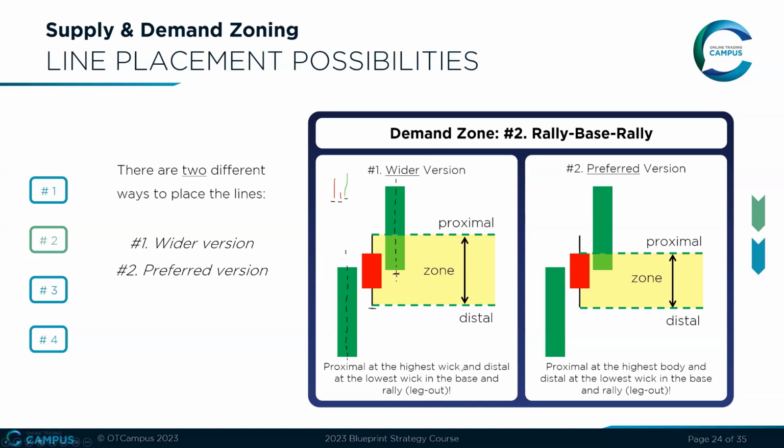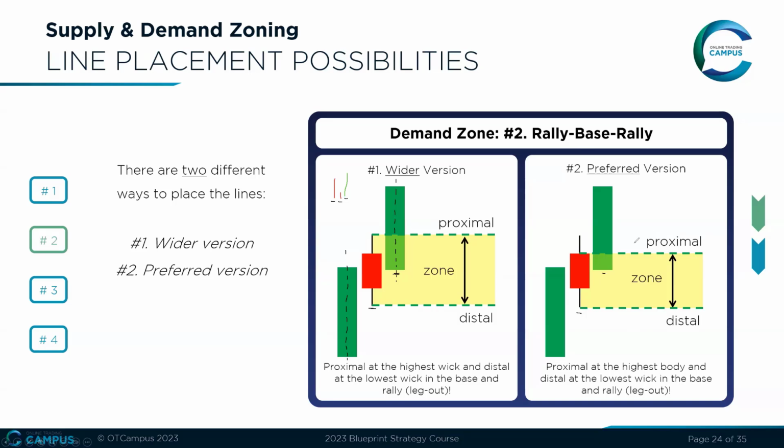So the proximal at the highest wick and the distal at the lowest wick of the base, including the leg out. Now the preferred, the distal is exactly the same, right? The distal goes to the lowest wick of the base, including the leg out.